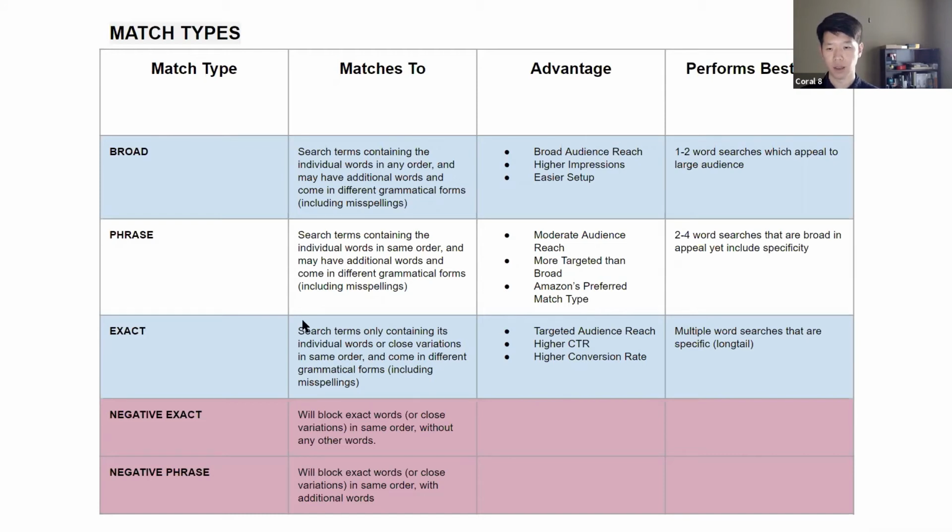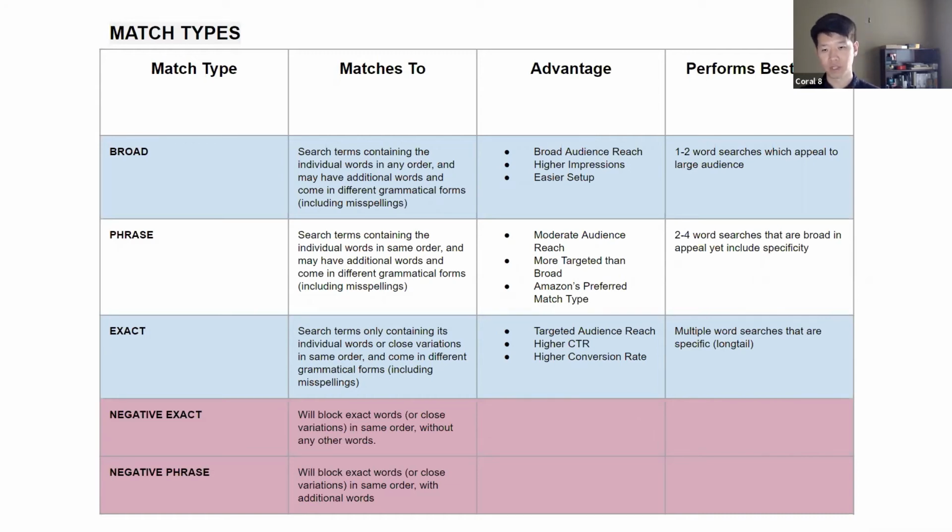Okay. But with phrase match, Amazon's ad algorithm could take customer search terms which have additional individual words added to your keyword, and match it to your phrase match keyword.